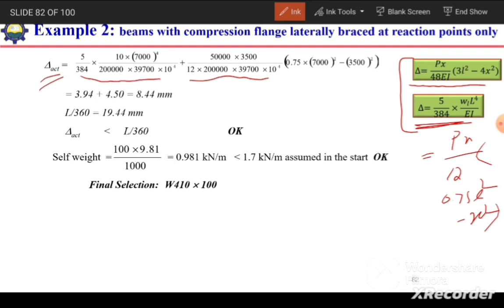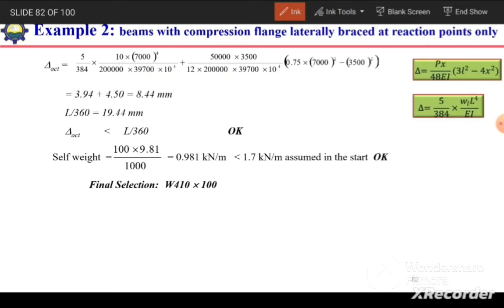Okay, so we can substitute the values in these two expressions to calculate the delta actual. So 5 over 384 into wL, which is 10, and L, the span, is 7 meter raised to power 4, E is 200,000, and I we can select from the properties table for our selected section, which is 39700 into 10 raised to power 4. Similarly for point load, P is 50 kilonewton, so we need to convert it into newton.